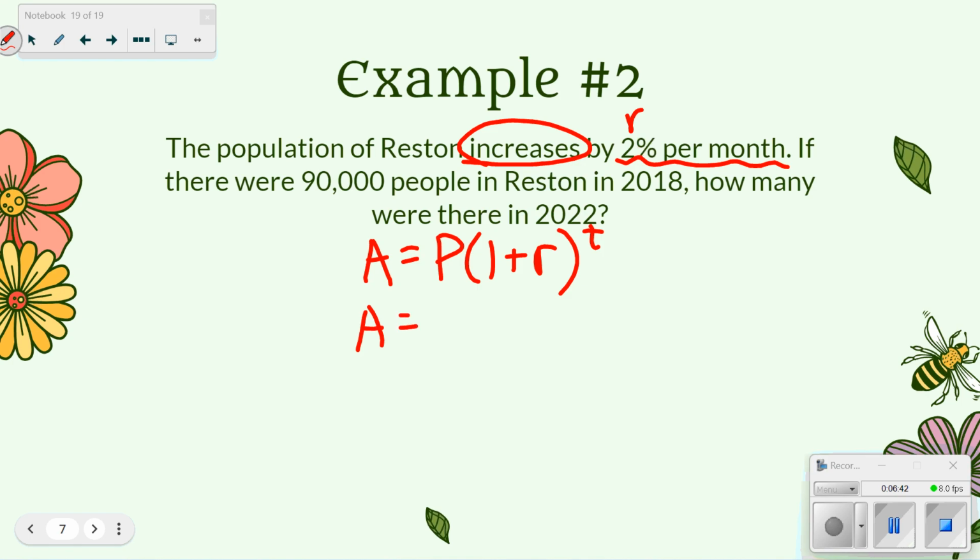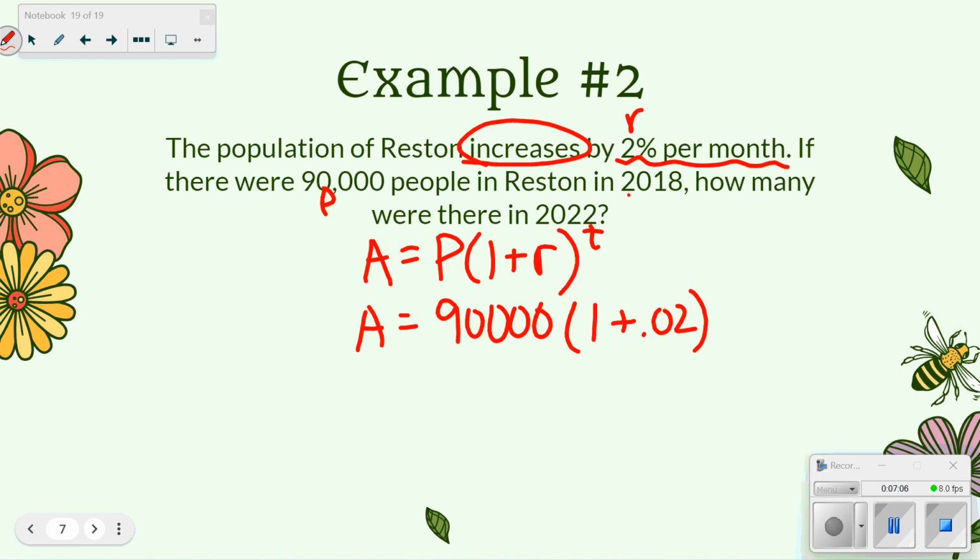And my principal, that starting amount, the amount of people in the first year that I'm looking at, which is 2018. I'm going to add that to my rate of 2% per month, which is 0.02. Now remember that that was per month.